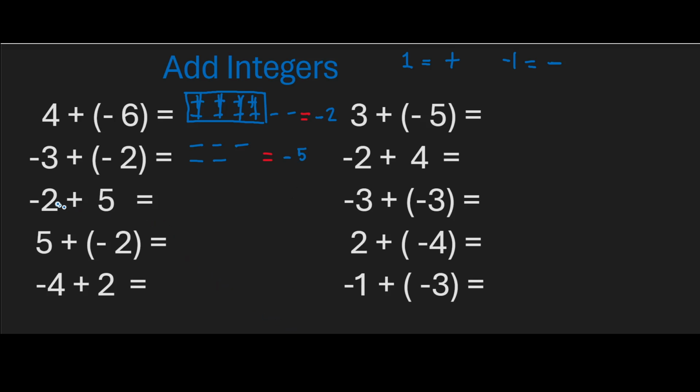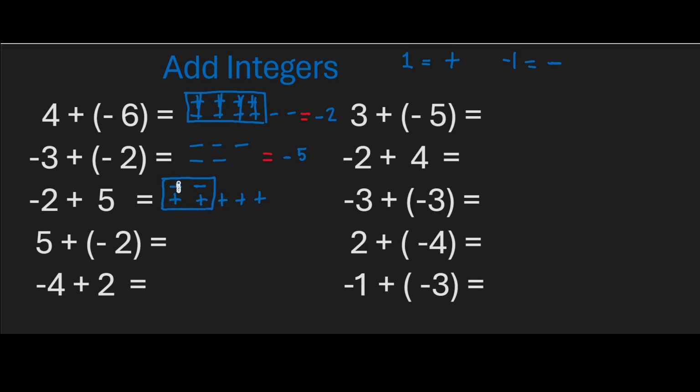Okay. For the next one, I have 2 negatives. So I'm going to write 1 and 2. To this, I'm going to be adding 5 positives. That would be 1, 2, 3, 4, and 5. Now, remember, positive and negative, they cancel each other out.